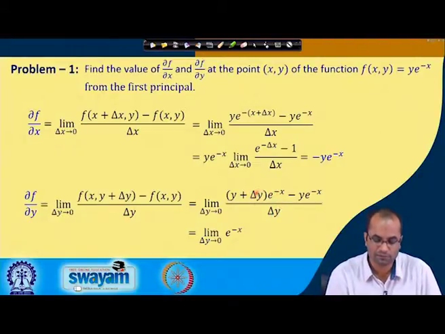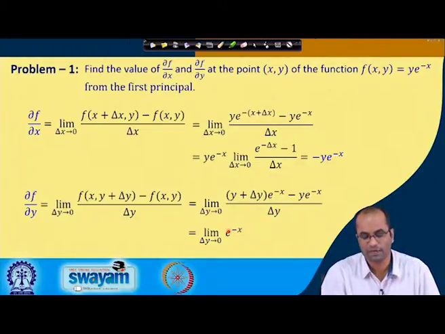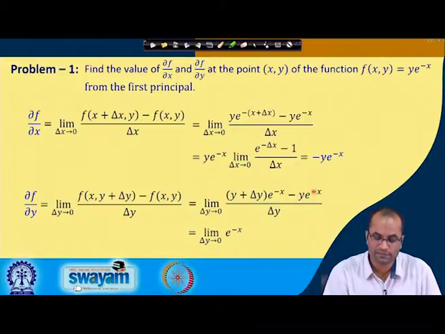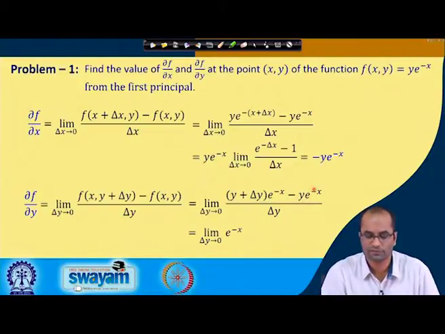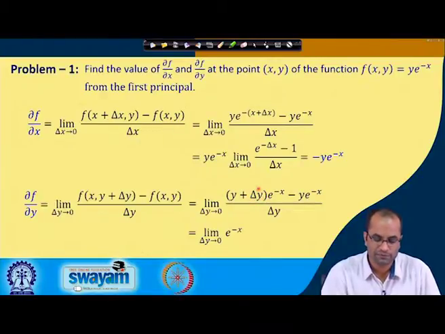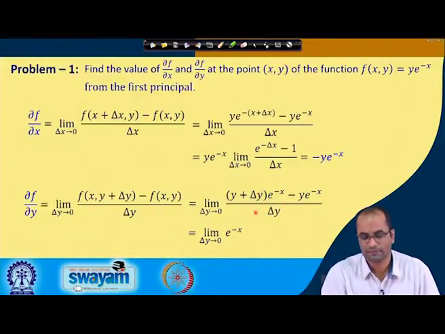So, the delta y also cancels out, and we get only e power minus x. So, there is no delta y term here, and this is just e power minus x.